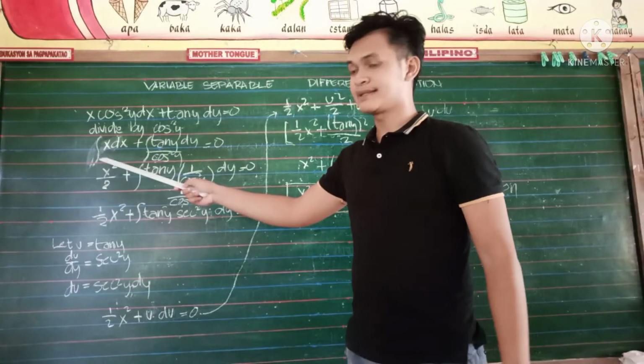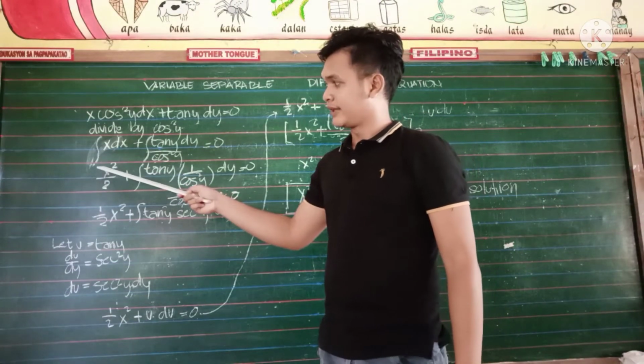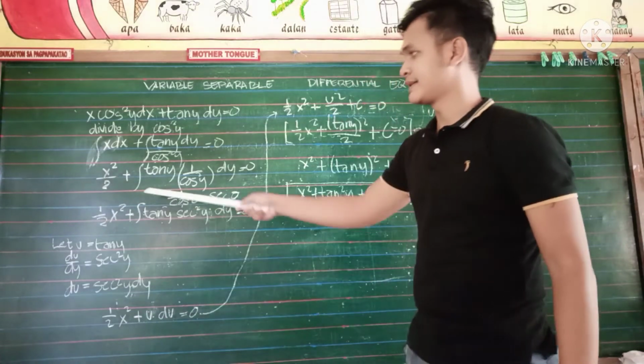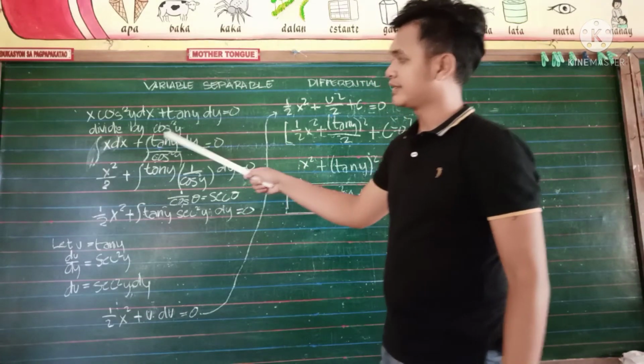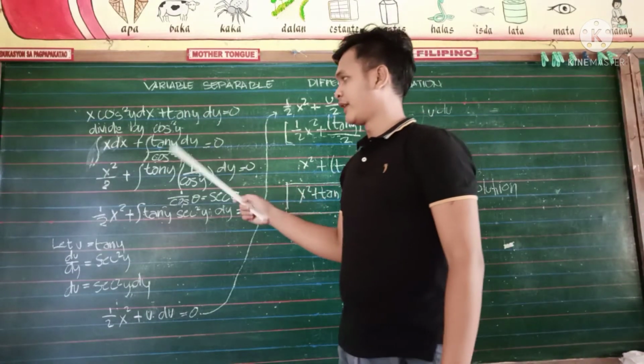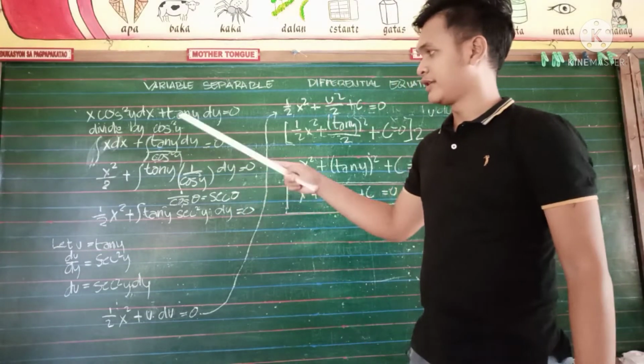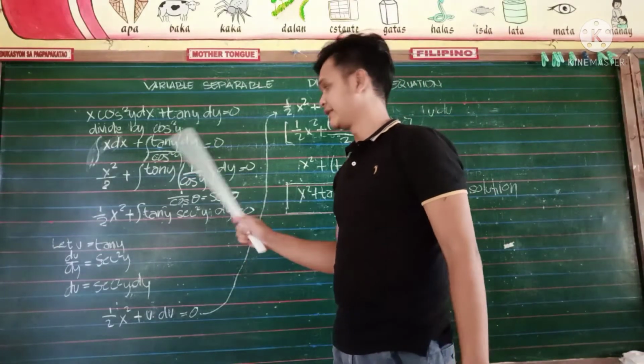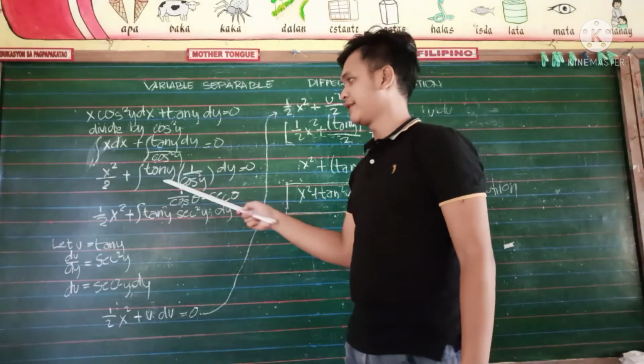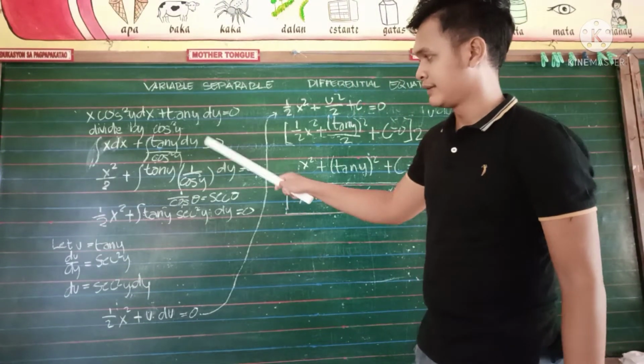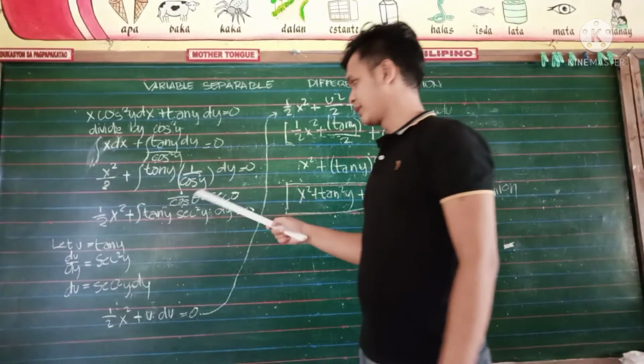So the integral of x dx is x squared over 2, plus we cannot integrate tangent of y over cosine squared of y directly. We need to separate them first. So tangent of y multiplied by 1 over cosine squared of y dy.